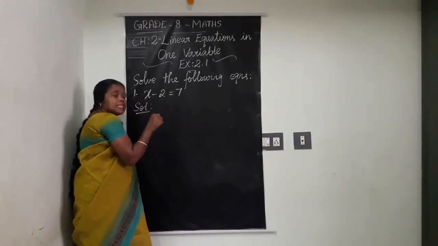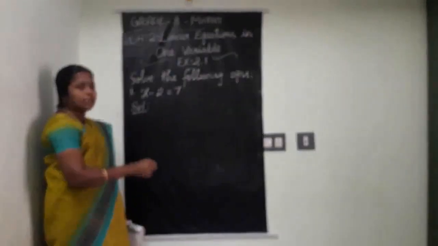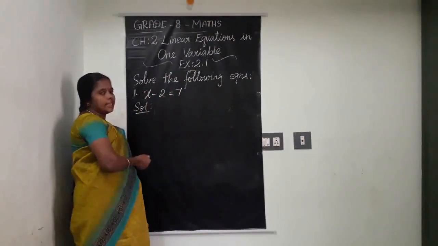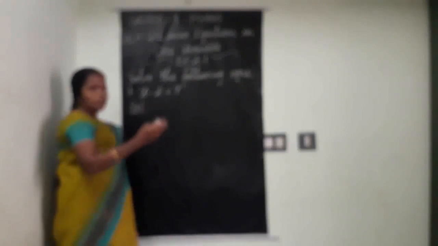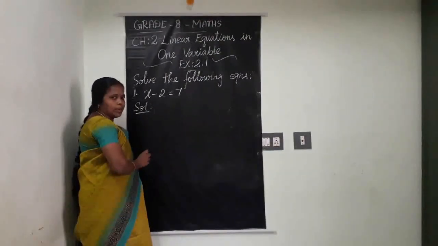The process of shifting a term of an equation from one side to the other side by changing its sign is called the transposition method. In that method we can solve. Otherwise, by adding and subtracting in the normal method we can solve. I am trying one question in both methods, and whichever is easy for you, you can continue in that manner. Clear?